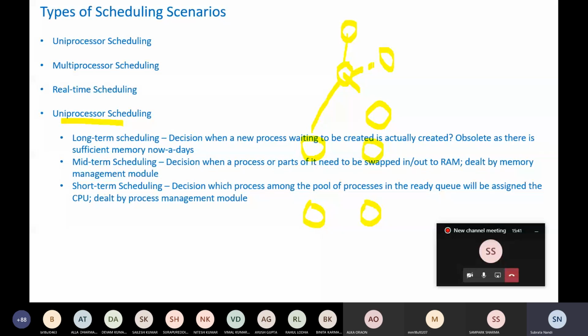These are the zombie state, and this is when it is created. So it is just created, and it becomes ready in the ready queue.